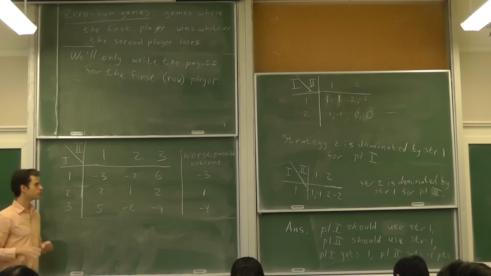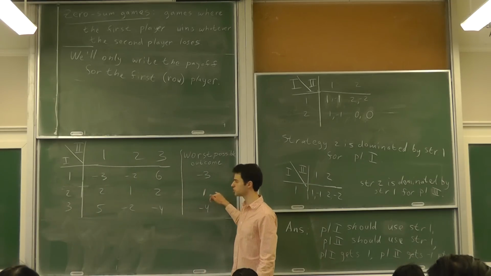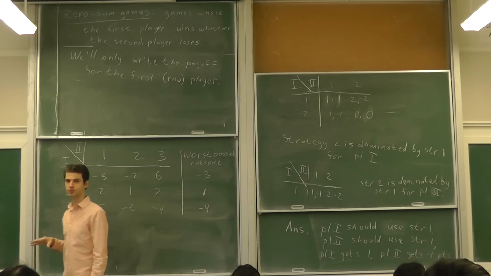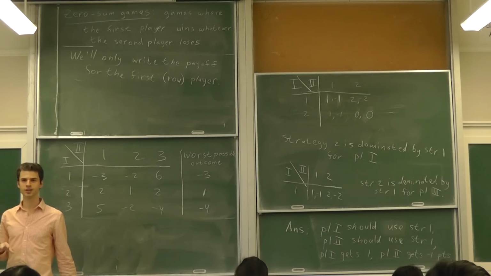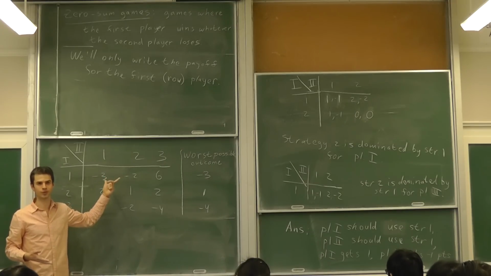So it seems that from the perspective of the worst possible outcome, we should choose strategy number 2. Of course, it does not prove that this is the best possible strategy to play if the second player does not know what strategy you are going to play.